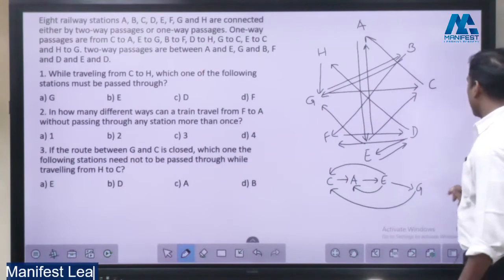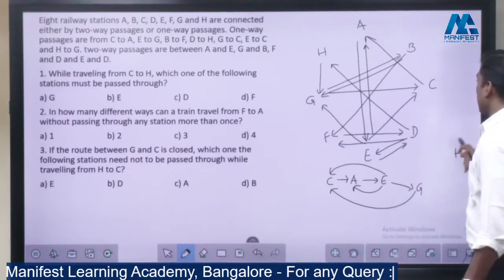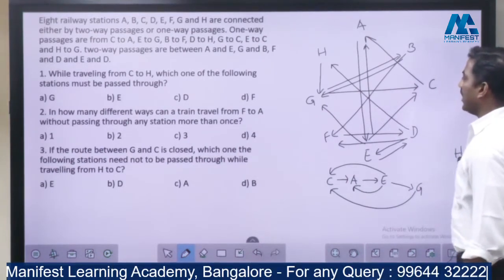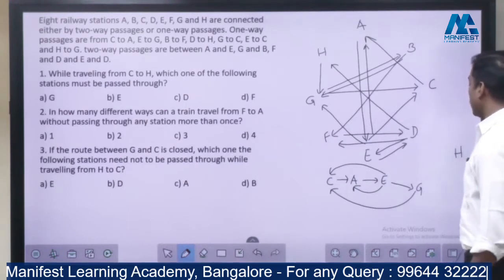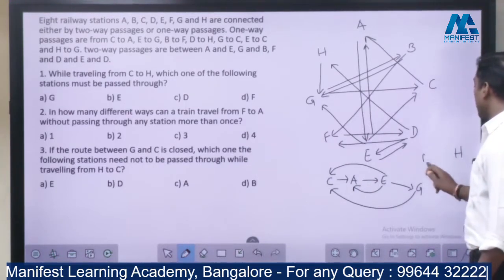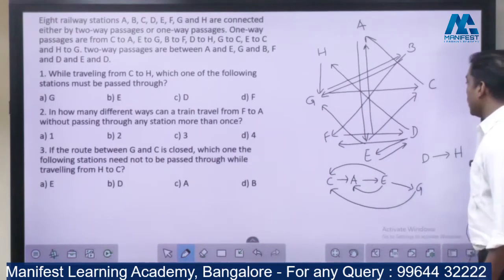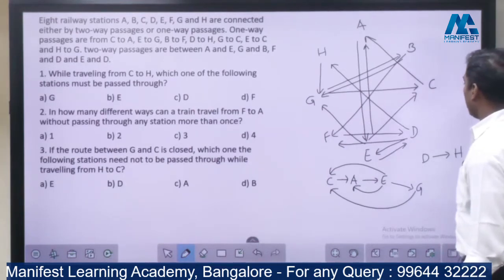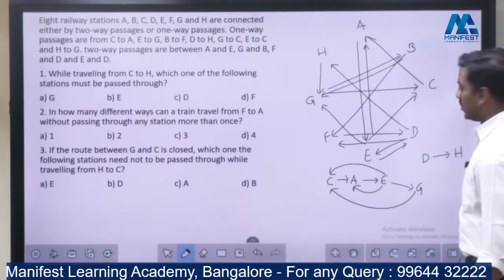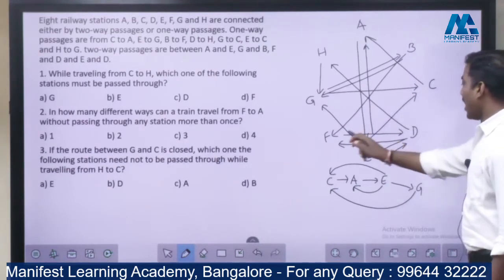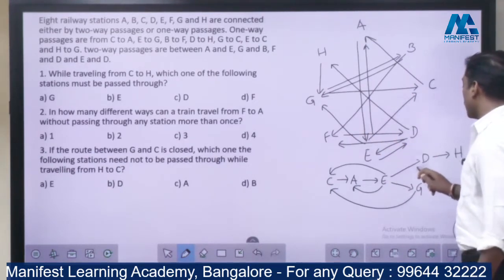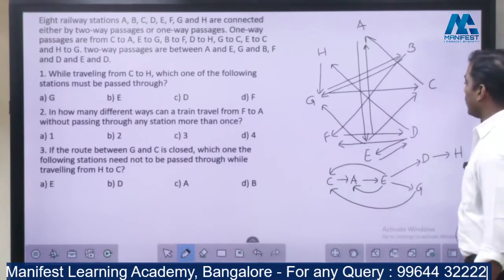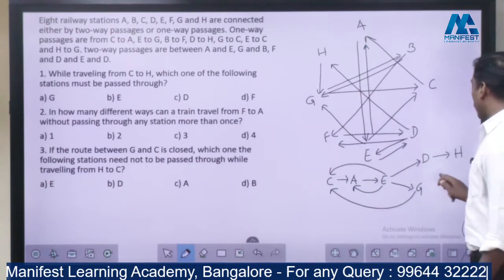For H, there is only one inlet. That is from D. Now, for D, there are two inlets from E and F. And from F also.